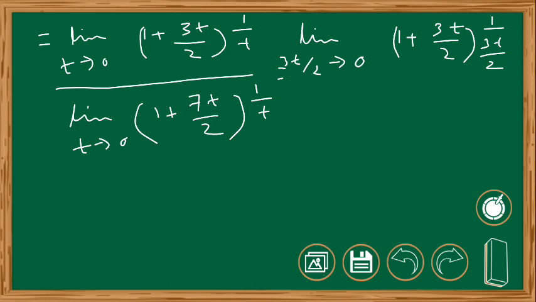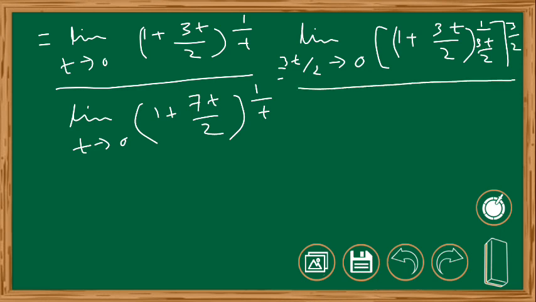Now in order to convert it, let me write it properly first. So 1 + 3t/2, and in place of t I write 3t divided by 2. Now if I write it as 3t/2, then in order to compensate, I have to multiply by 3/2. So here also I have to raise this power to 3/2.